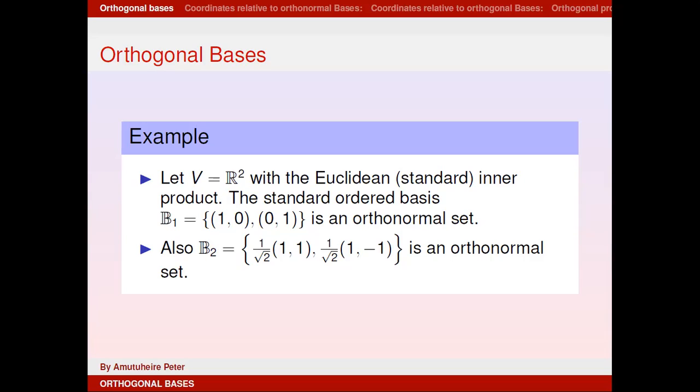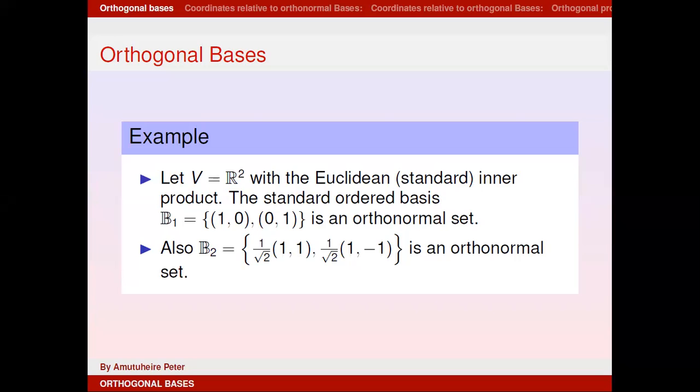That means if I call the first vector of B1, 1, 0, U1, and I call the second one U2, and I get the dot product of those vectors, U1 and U2, I get 1. And if I get their norm, it is 1. Let me help you.